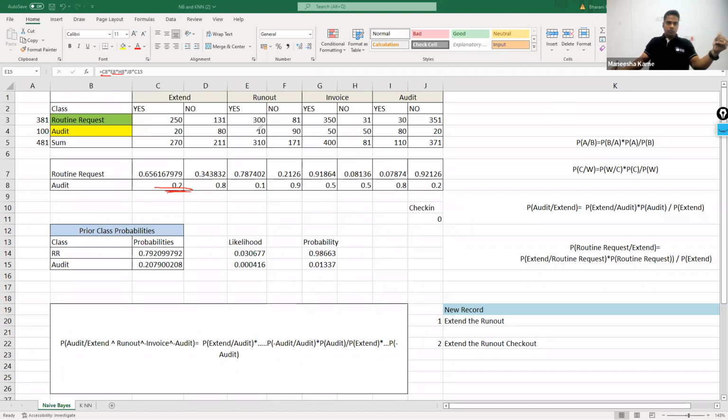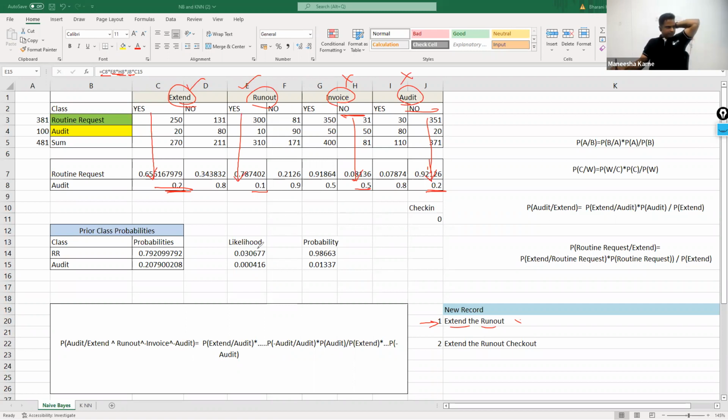Then E8 would be probability of run out given audit. H8 would be probability of invoice not appearing given audit request. J8 would be probability of audit not appearing given that it is audit request. Because in this request, invoice and audit are not there. So you're going with no, and you're looking at the values pertaining to no. Since extend and run out are appearing, you're going with yes. Done.